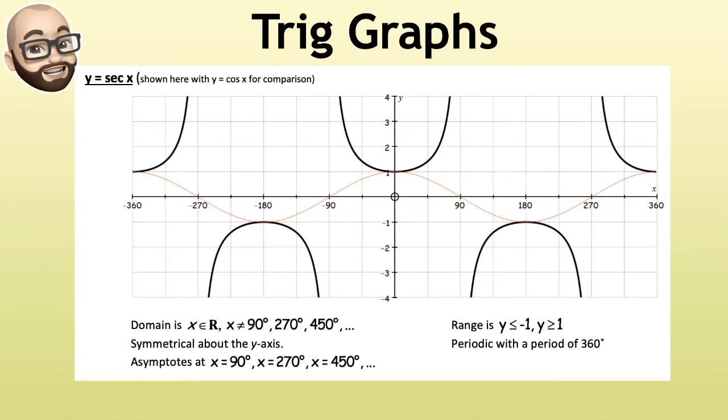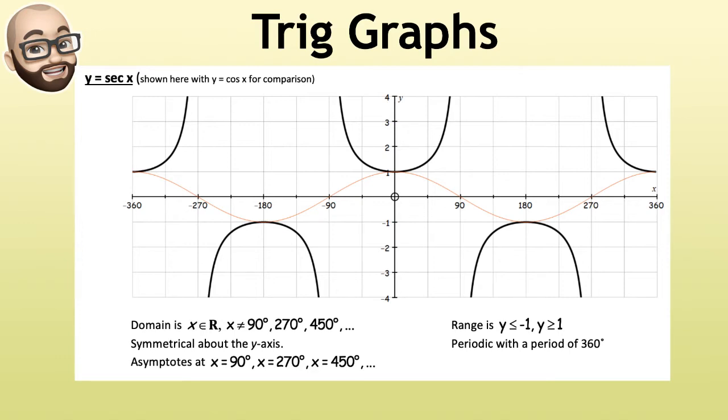Just after 90 though, it's the same idea, but what we would have for cos is a very, very small negative number, and 1 divided by a very, very small negative number would be a very big negative number. And then that will start decreasing in size all the way up to where the cos graph hits a minimum at 180, which then has a value of -1, and 1 over -1 is still -1.